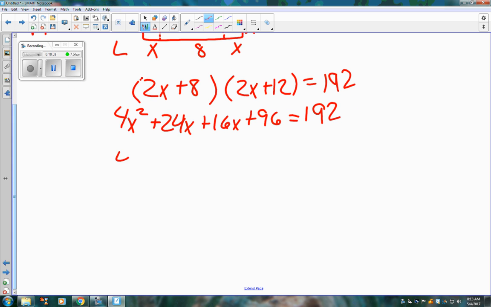Alright, I'm going to add 24 and 16 together, which gives me 40x. Now I'm going to subtract 192 from this side. So what's 96 minus 192?